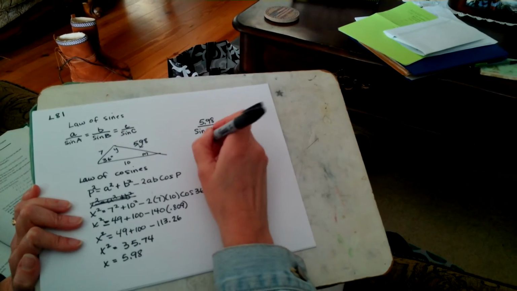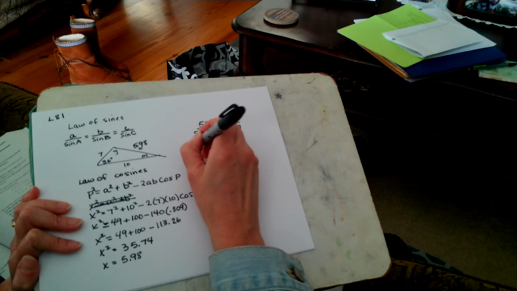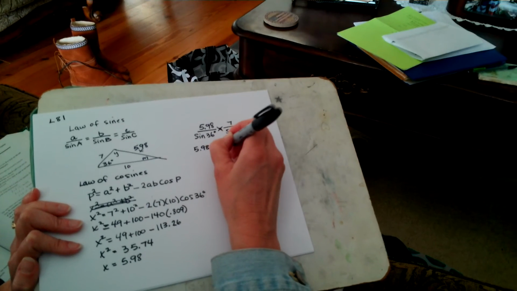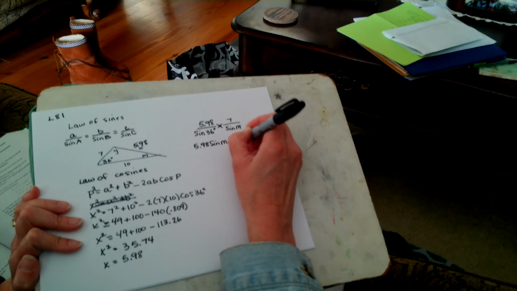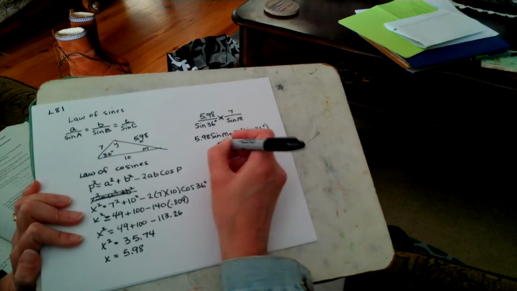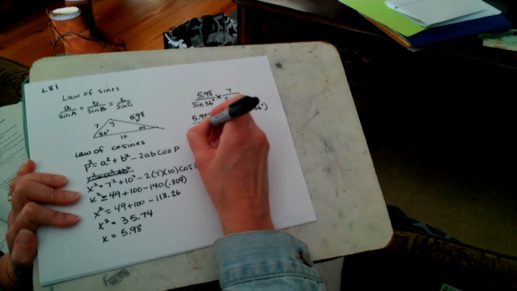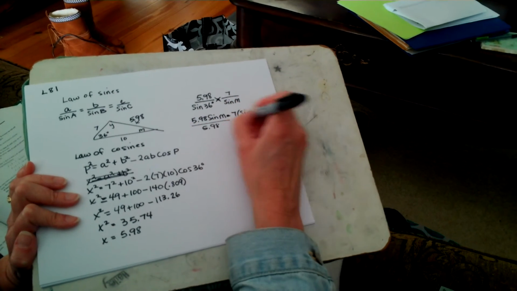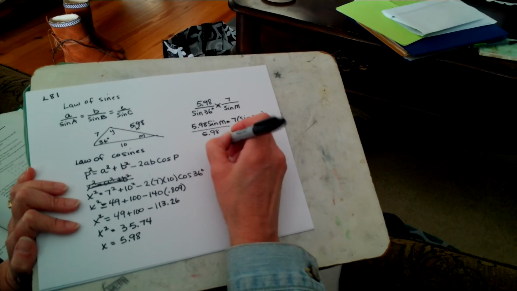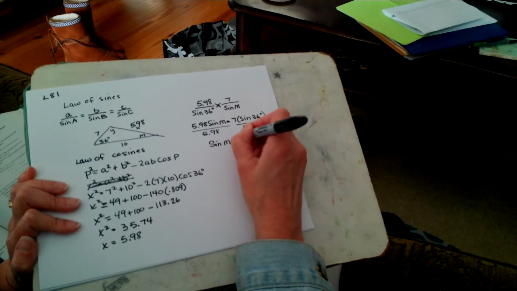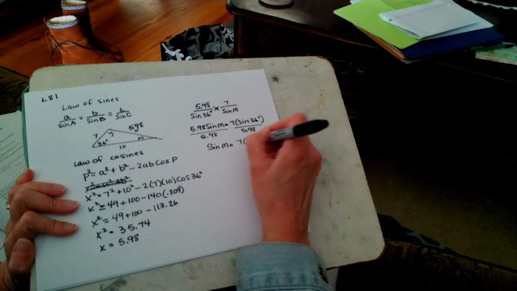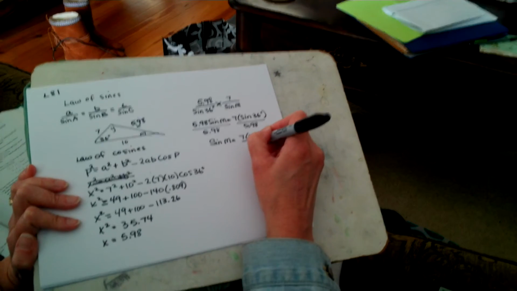So I cross multiply, I get 5.98 times the sine of m equals 7 times the sine of 36. Divide by 5.98. I get the sine of m is equal to 7 times the sine of 36 divided by 5.98.